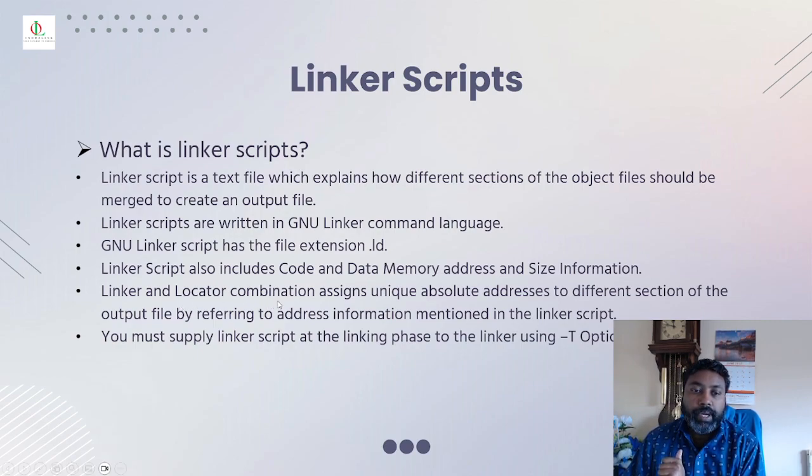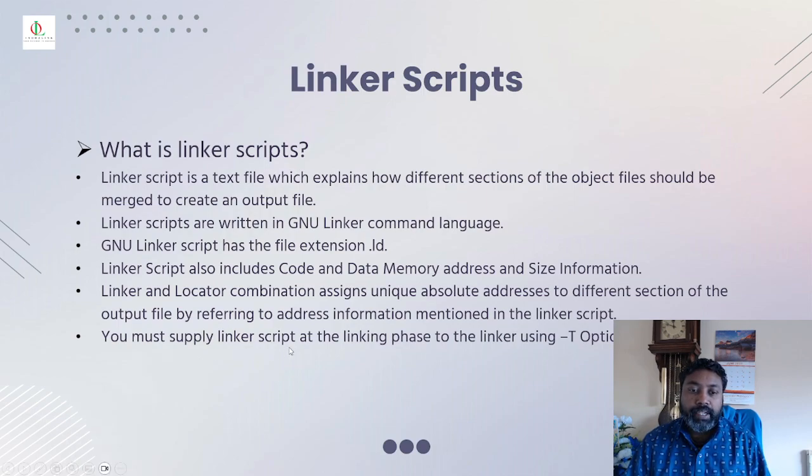The linker and locator combination assigns unique absolute addresses to different sections of the output file by referring to the address information mentioned in the linker script. So the object files that come in won't have any addresses. The linker and the locator will assign absolute addresses to the object files, and that's what the linker does.